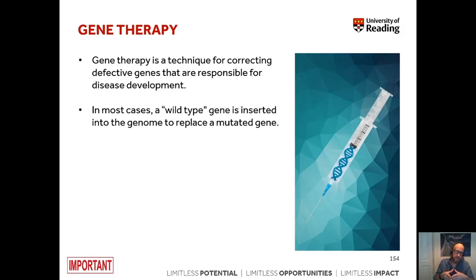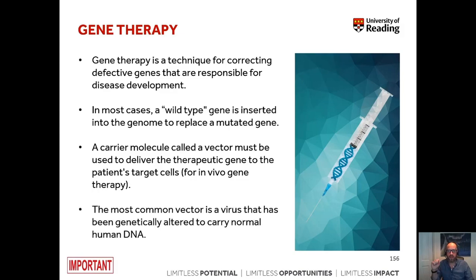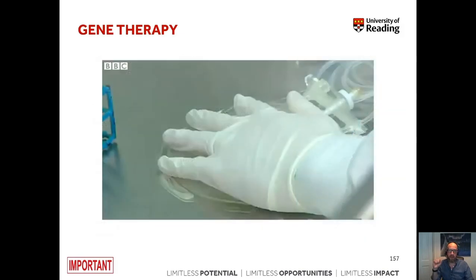In most cases, a wild type or intact gene is inserted into the genome to replace the mutated gene. In order to achieve this, usually carrier molecules called vectors are used, and those vectors can be fairly different. In most cases, in gene therapy, viruses are used, but again, we will learn the details of gene therapies in a dedicated lecture later on.